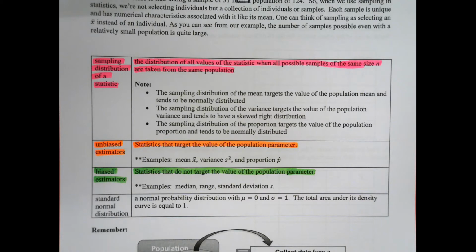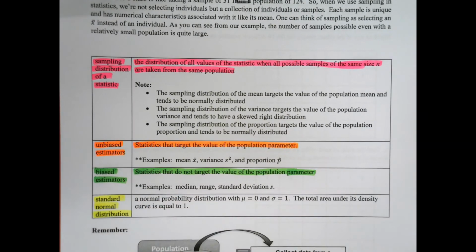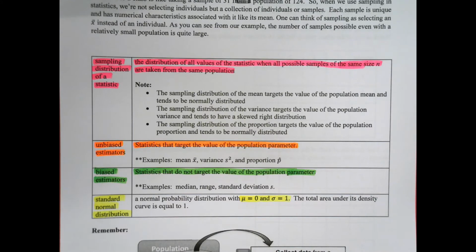But biased estimators do not allow us to make inferences about a population from a sample without doing an extra step or without changing something. And then remember the standard normal distribution, which we talked about in the last few sections: a normal probability distribution that has a mean of 0 and a standard deviation of 1, and the area under its density curve is equal to 1.